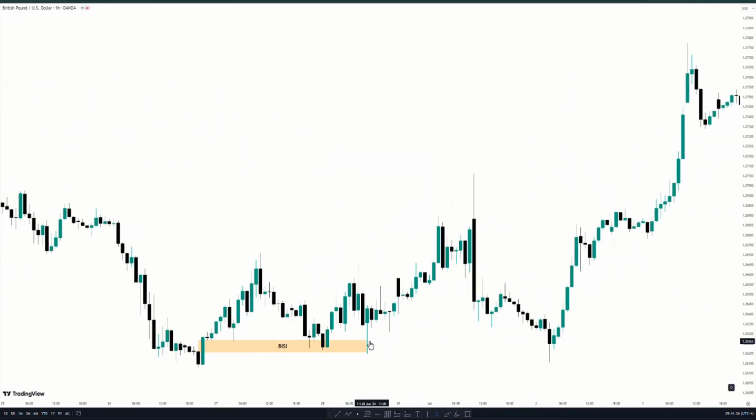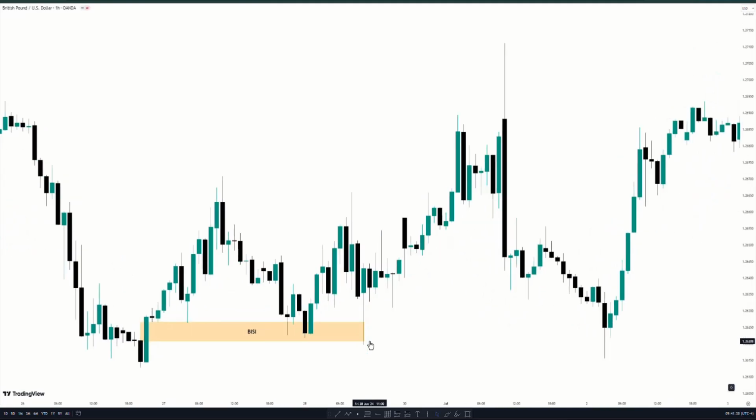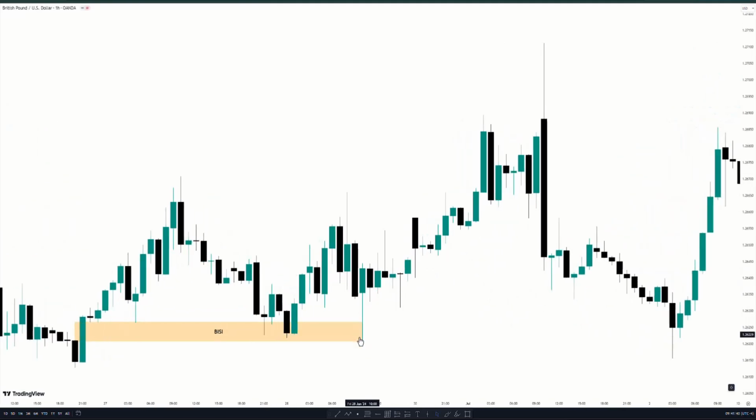When price comes down and goes through a fair value gap like this, it doesn't mean the fair value gap is not valid. It only becomes invalid when a candle closes with a full body candle below it.